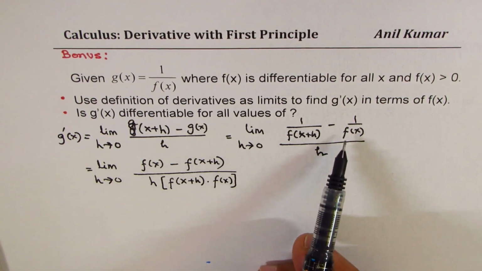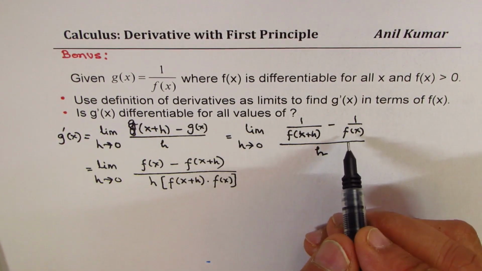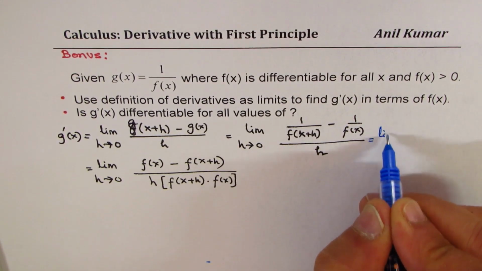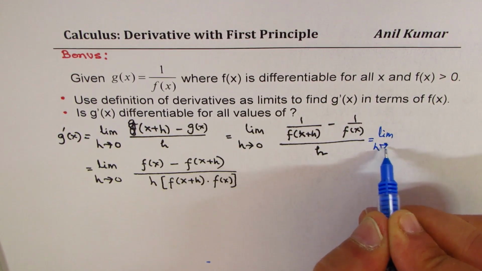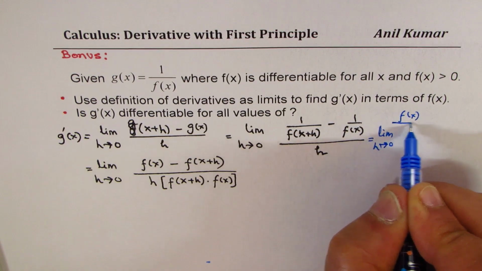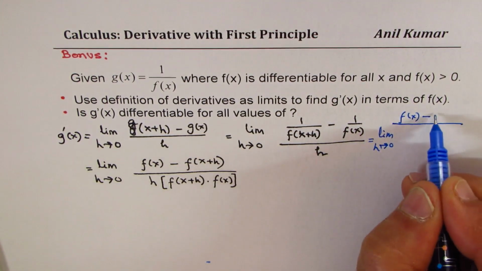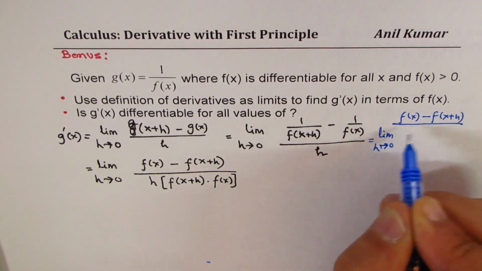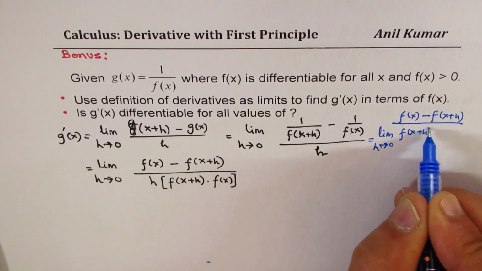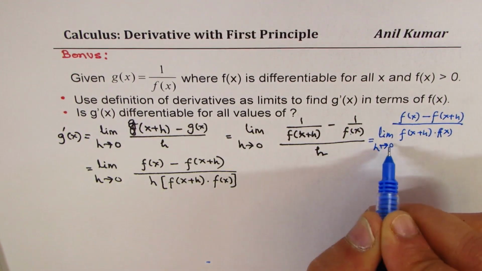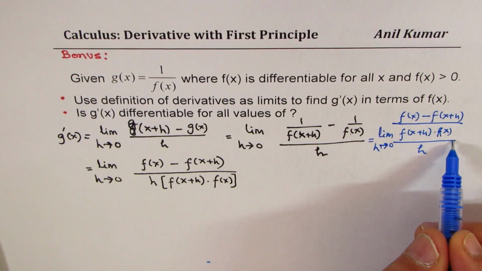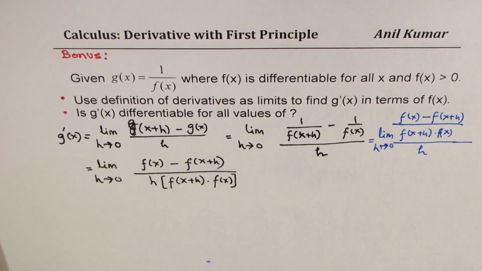You could do it like this also. When you cross multiply, you get f of x over a common denominator, minus f of x plus h over the product of these two, which is f of x plus h times f of x, everything divided by h. So I've rewritten this. Is that clear?